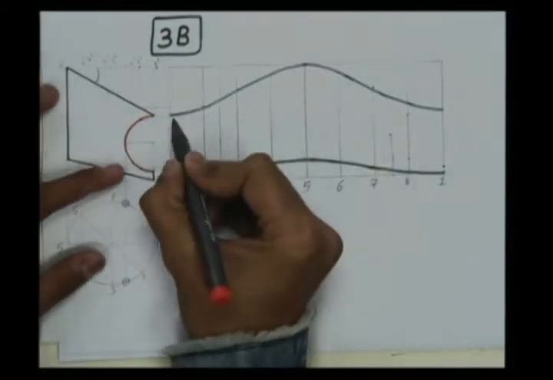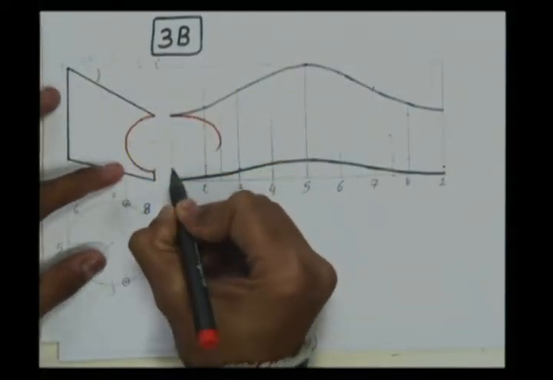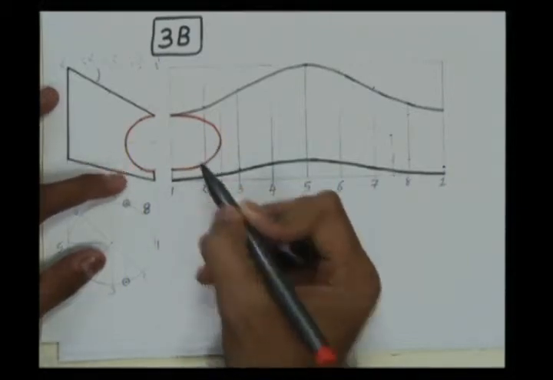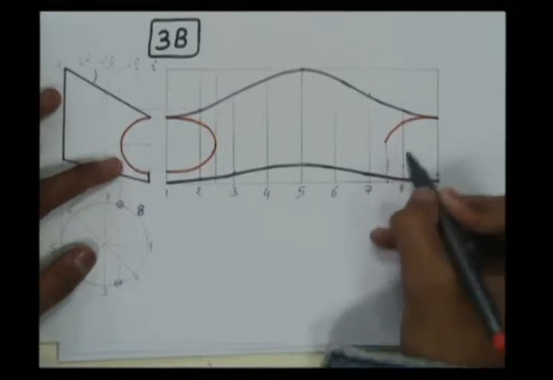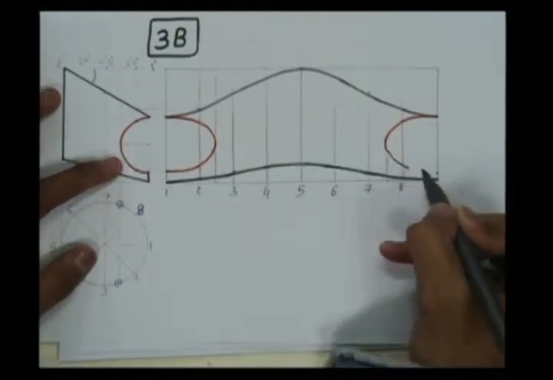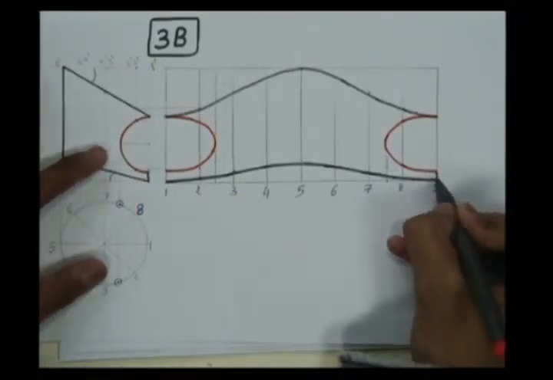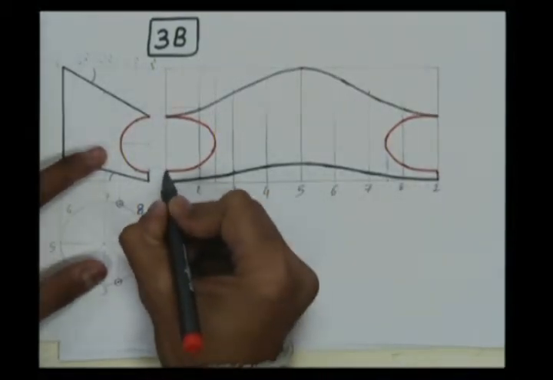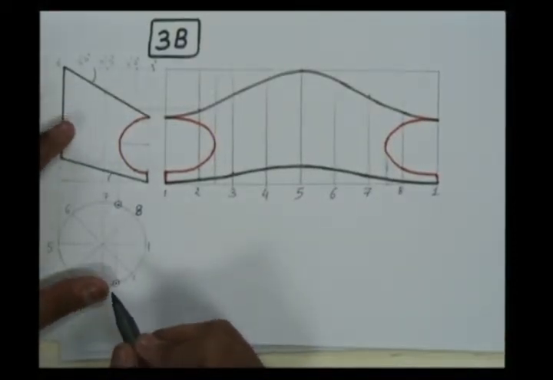Now join all these points with a smooth curve, so that would appear like this. In examination you should not use a sketch pen, you have to use pencil only, like this. And to differentiate between the actual solid and the projection line, you should use a light colored pencil and a dark colored pencil.